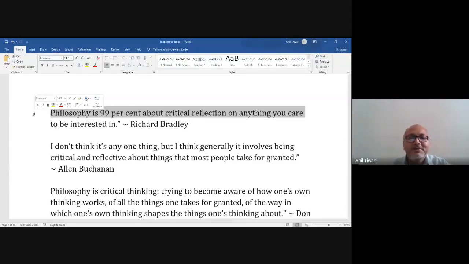It is difficult to talk in quantitative terms in philosophy, but what could be 1%? 1% is merely the data, the thought which you are analyzing, the data on which you are reflecting, right? So Richard Bradley's suggestion is important in relation to function, right? Critical reflection is the most significant function of philosophical discourse.